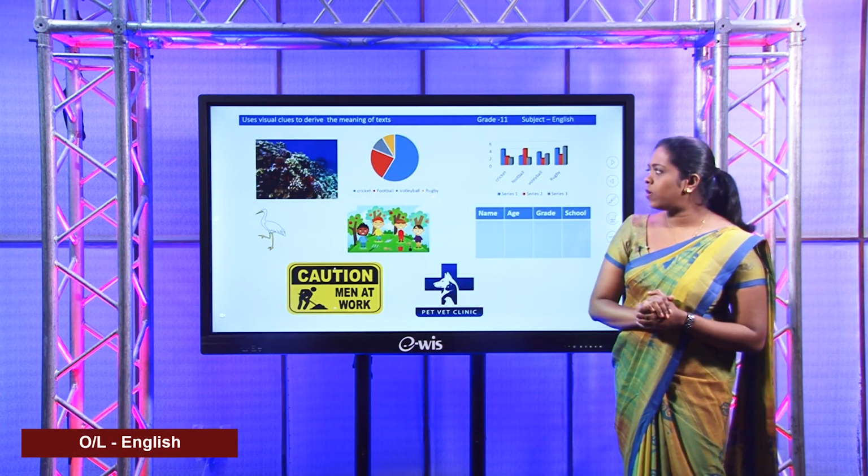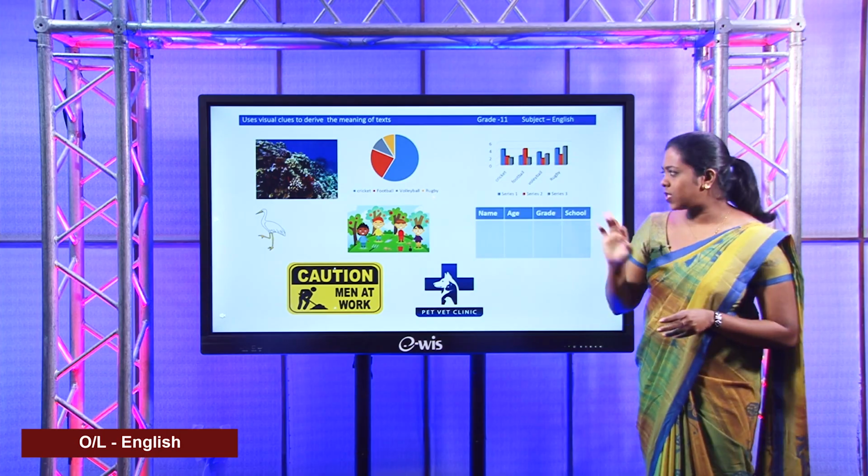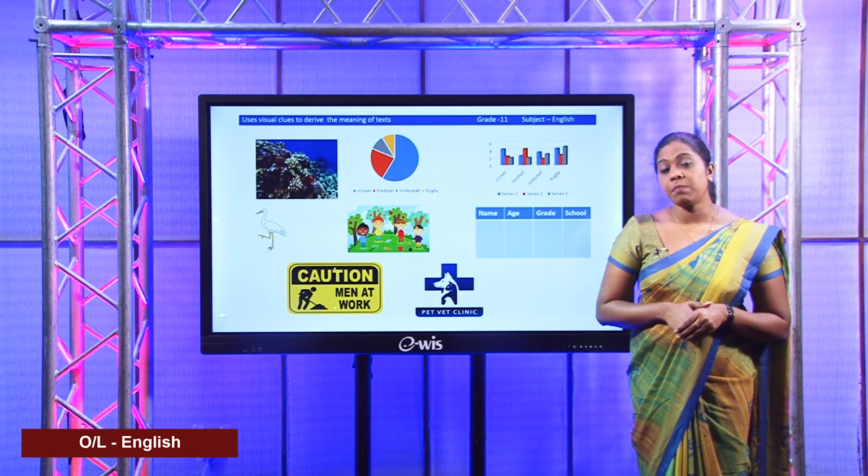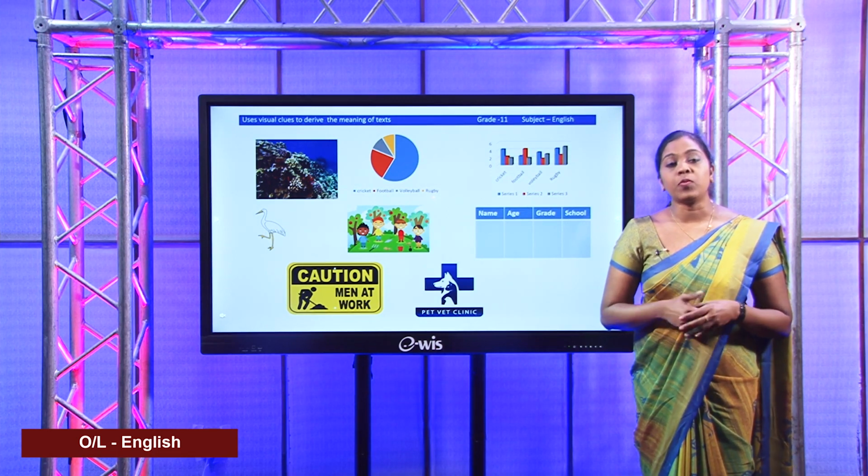Right, before having a discussion on this particular slide, I just want to tell you what these visual clues are. For example, imagine that you are reading a storybook, say the story of Cinderella, and you come across a sentence which describes the stepmother of Cinderella, which says, "Cinderella's stepmother was a plump woman."